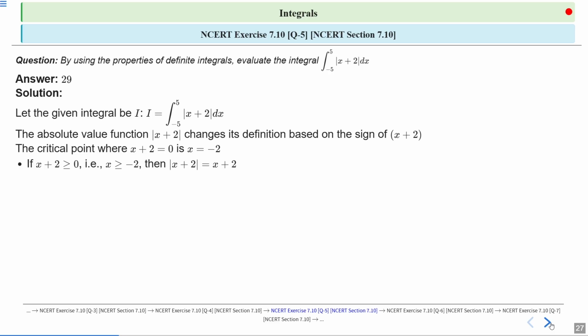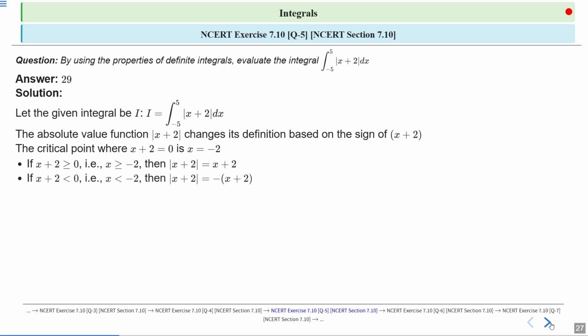So if x plus 2 is greater than 0, that is x is greater than minus 2, then mod x plus 2 is equal to x plus 2, because x plus 2 is positive when x is greater than minus 2. It means when we take an interval from minus 2 to 5, the absolute value function gives x plus 2.